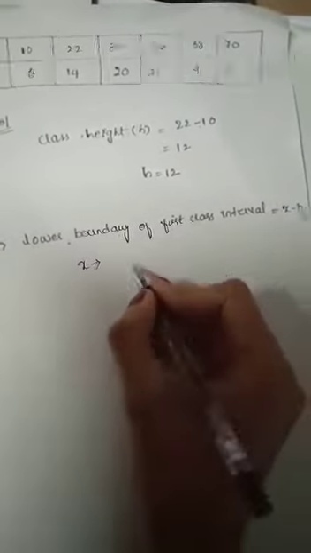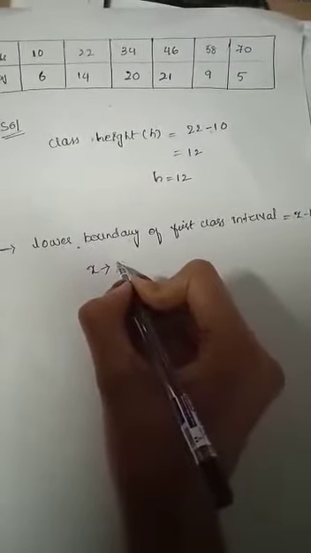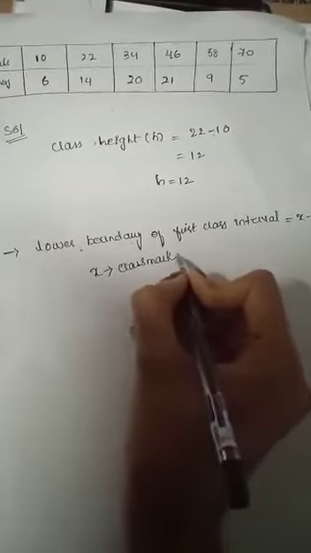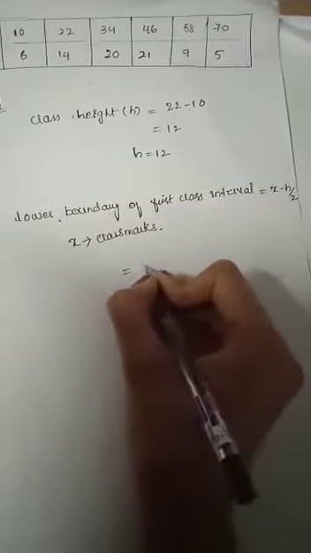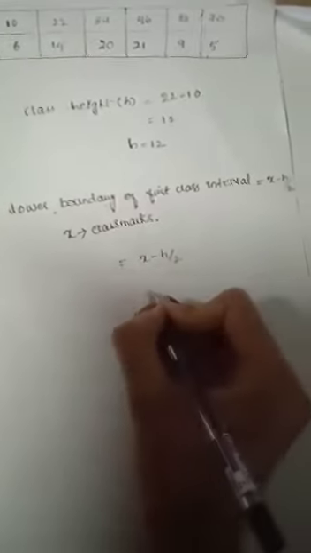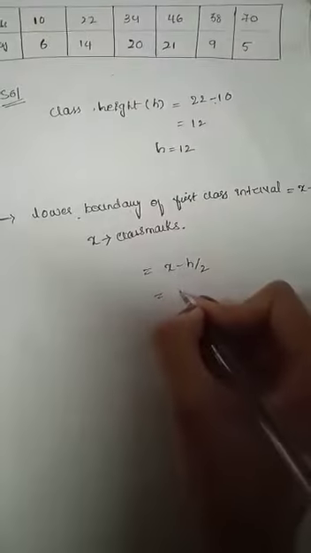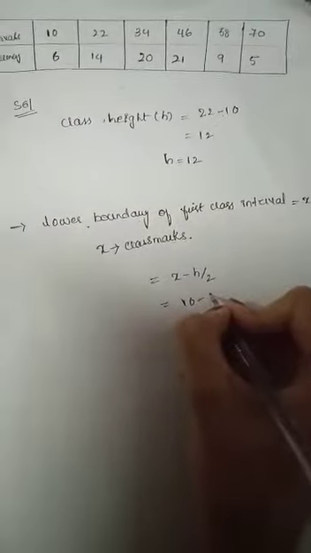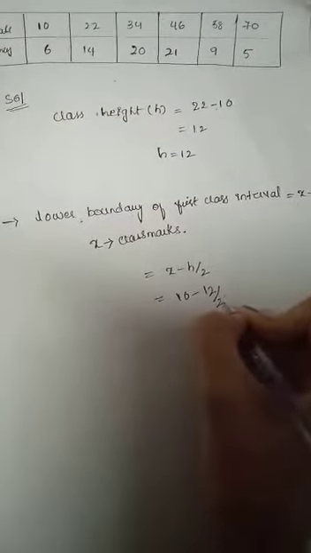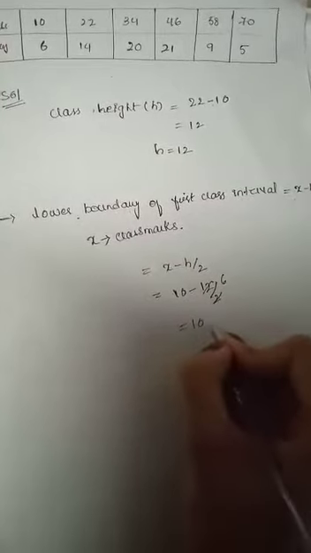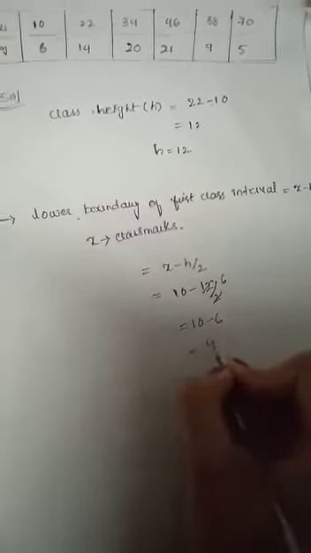So our formula is x minus h by 2. First class mark is 10. 10 minus 12 by 2, 2 sixes are 12, so 10 minus 6 equal to 4.